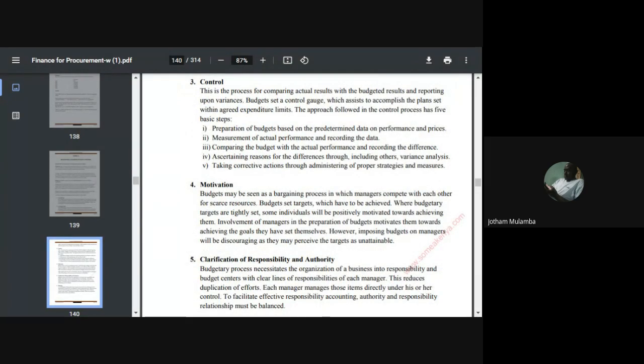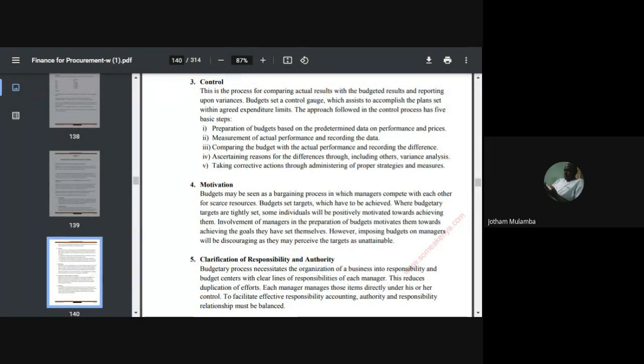Another function, it also enables motivation. Assuming you as a procurement officer, we had a budget to buy a laptop. This laptop had been estimated to cost 80,000, but you have gone ahead and negotiated and gotten the best offer on the market, and you have bought this particular laptop at a modest figure of 60,000 or 50,000.